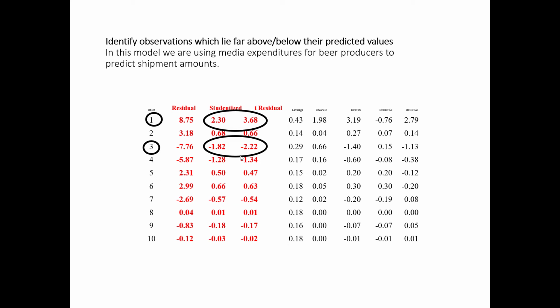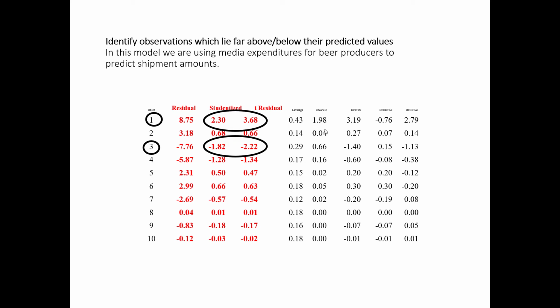Some of the easy measures we have is Cook's D. Is Cook's D greater than 1? I look down there. Whoa! Observation 1, big Cook's D, 1.98. That is huge. Cook's D is a very conservative measure. It's not very often that you get to 1, so when you get way past 1, that observation is really, really influential.